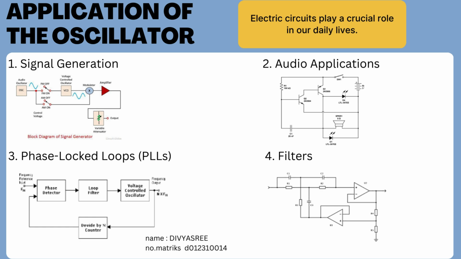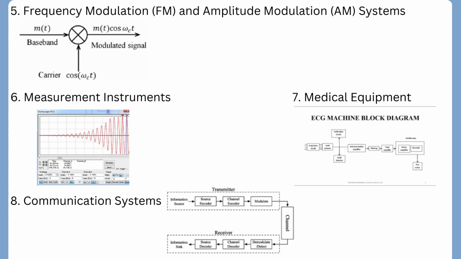When used in oscillators, they can help in selecting specific frequency components from a signal. The fifth one is frequency modulation (FM) and amplitude modulation (AM) systems. They are used in modulation and demodulation circuits within FM and AM systems, providing a stable frequency reference. And sixth is measurement instruments.